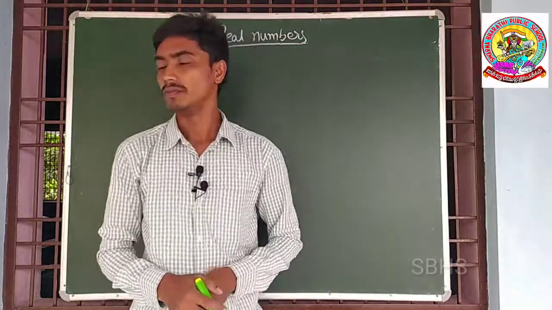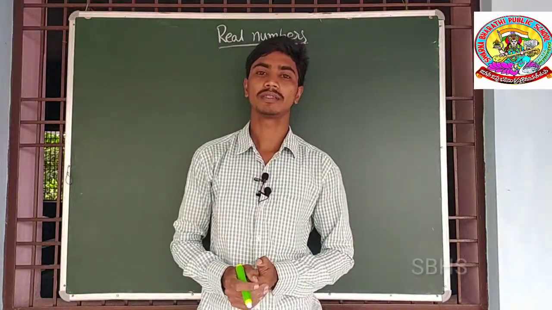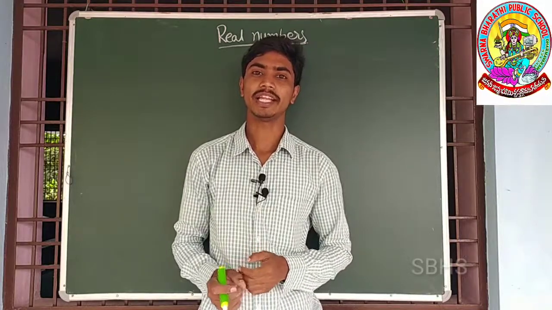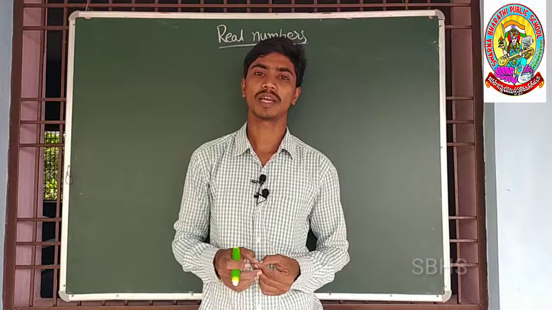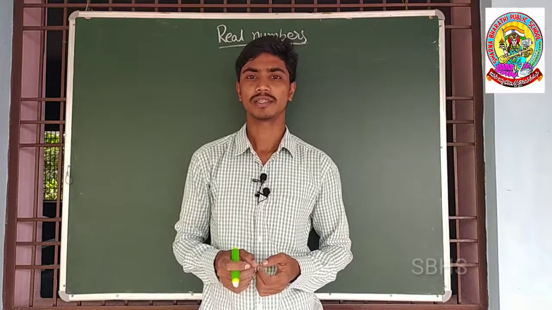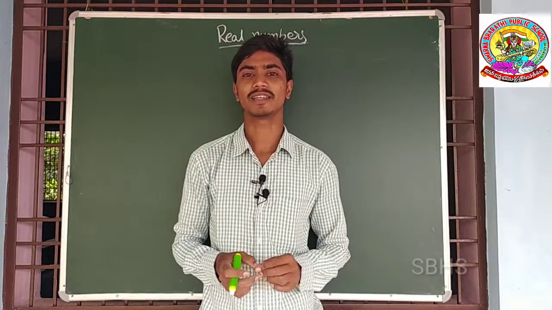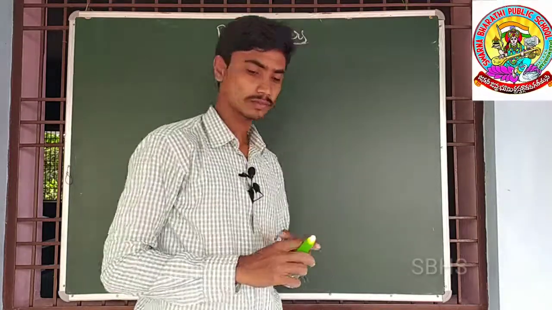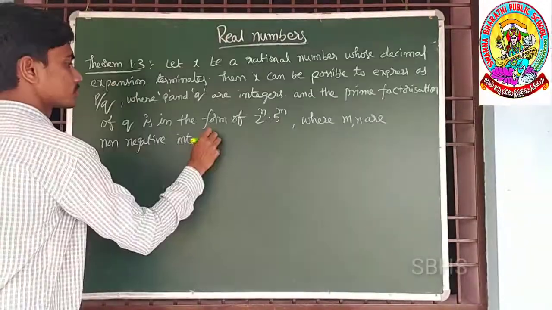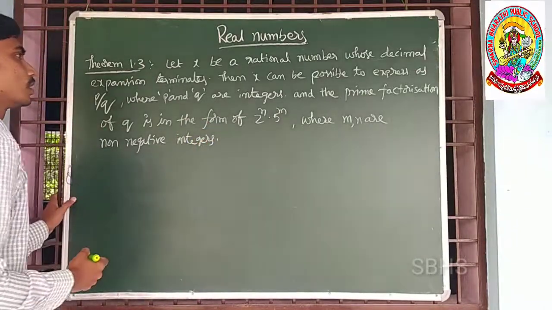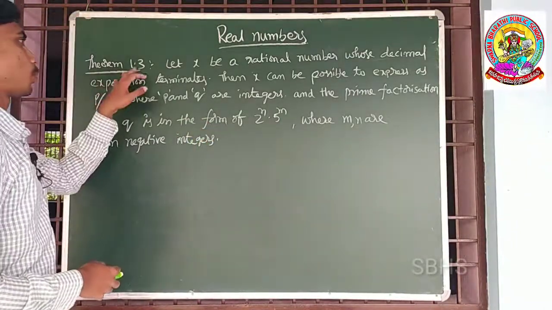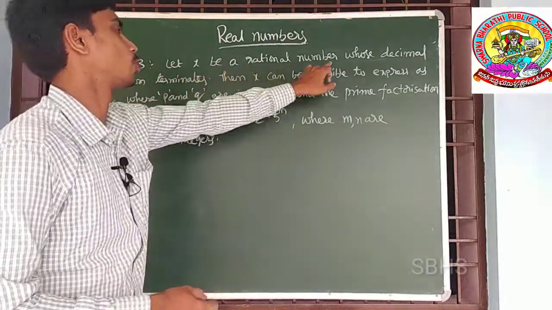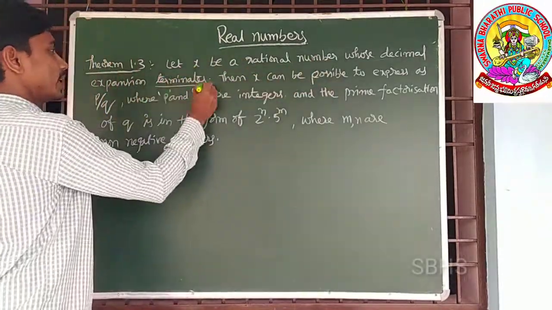Next we will learn about terminating and non-terminating decimals. Actually any rational number can be expressed as a decimal expansion that is either terminating or non-terminating recurring. So here theorem 1.3 says, let x be a rational number whose decimal expansion terminates.